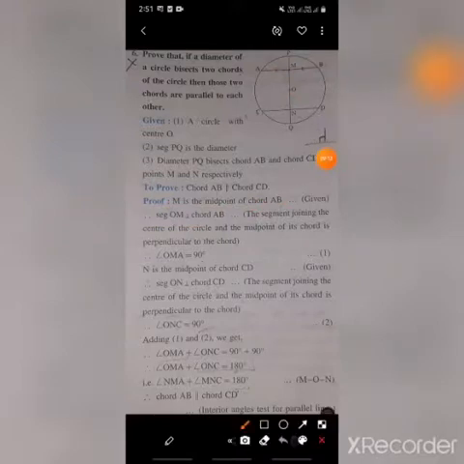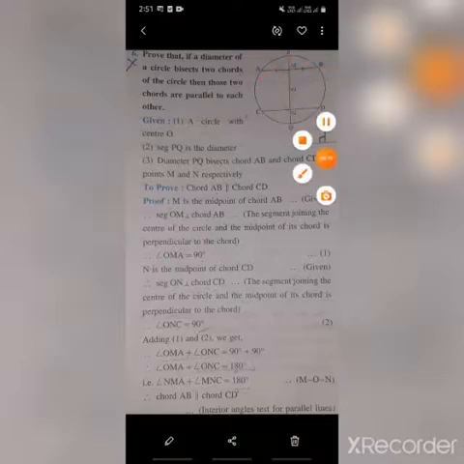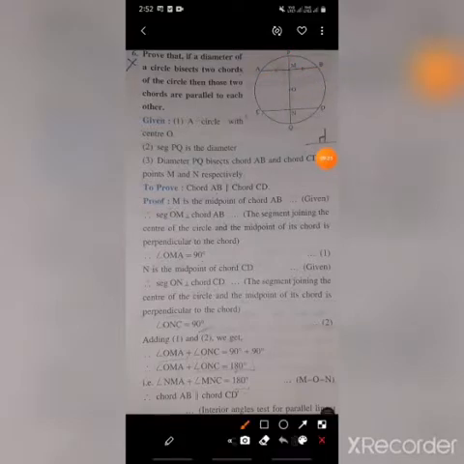Then angle OMA is equal to 90 degrees, just because it is perpendicular.